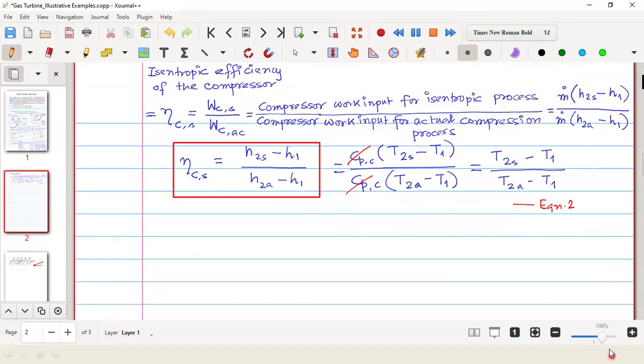Now, what is given, the given data are basically compressor isentropic efficiency is 0.80 and turbine isentropic efficiency is 0.82.